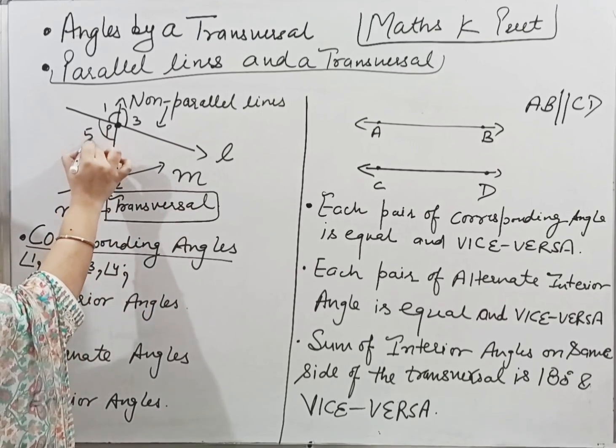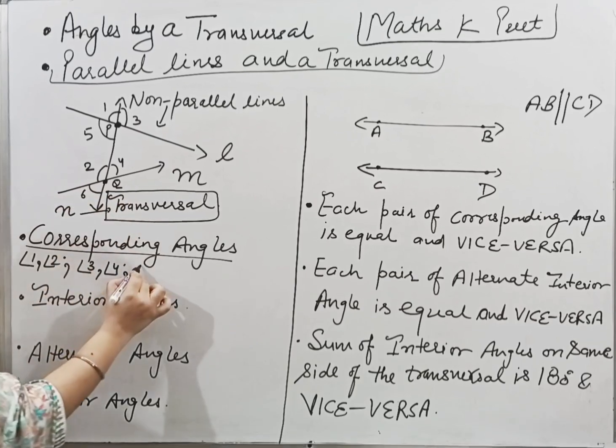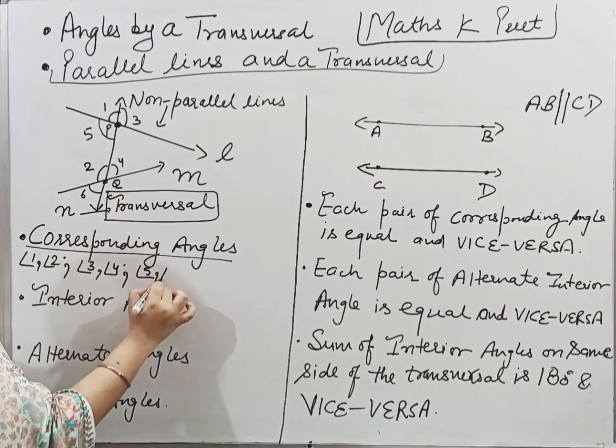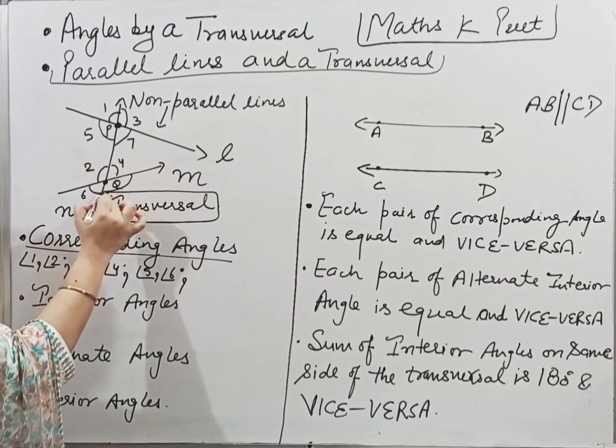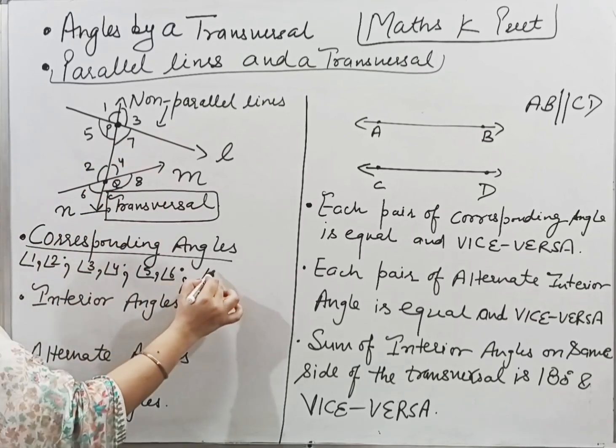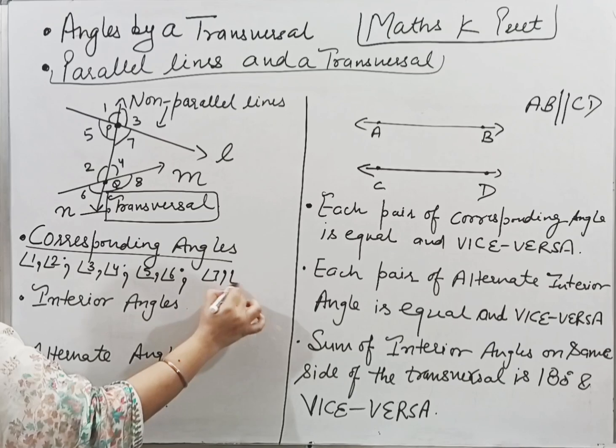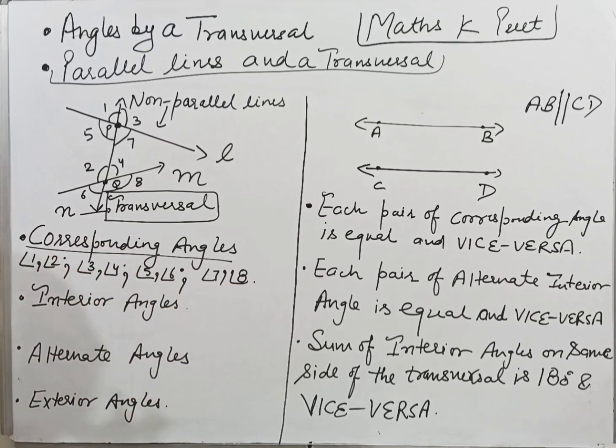Angle 5 and angle 6 is the third pair. The fourth pair is angle 7 and angle 8. So there are four pairs of corresponding angles given by a transversal intersecting two lines.